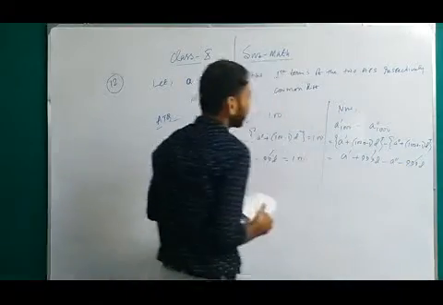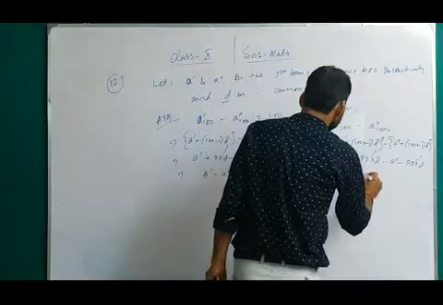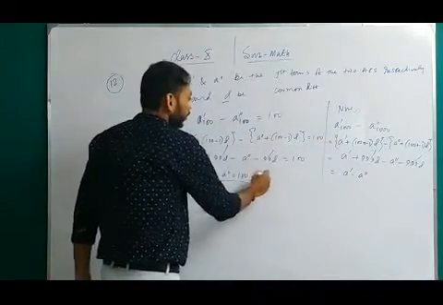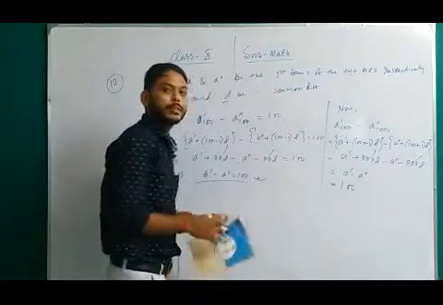So 999d will be cancelled out. We get here a prime minus a double prime. So here you can see a prime minus a double prime is 100. So I am putting the values here. So the difference remains unchanged.